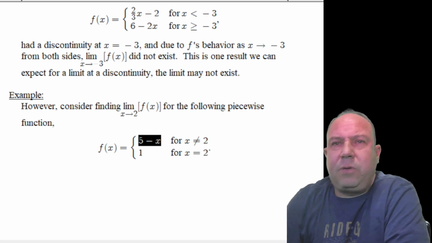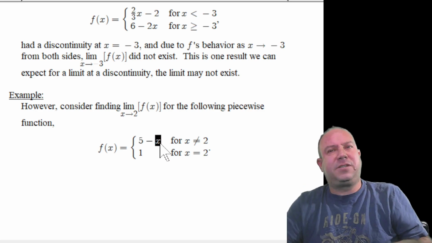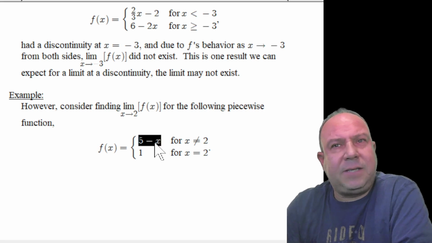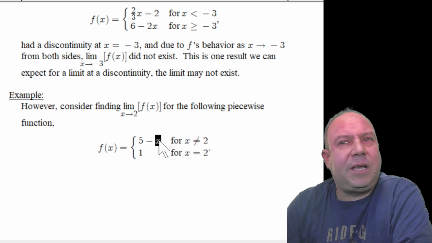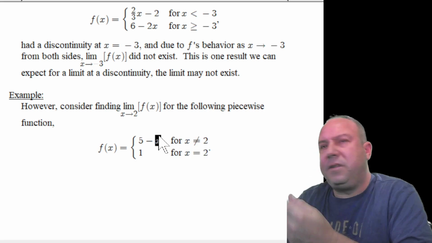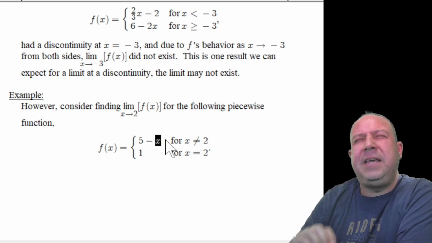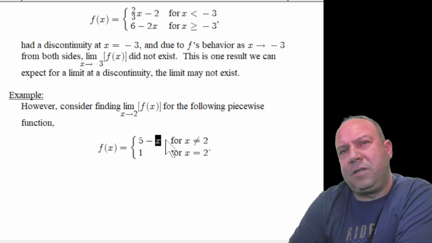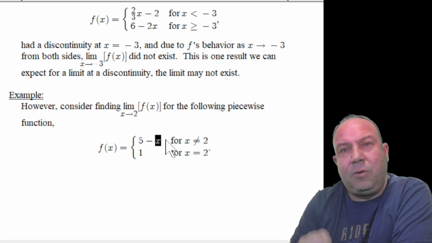We can see through substitution into this first piece, just to consider the behavior of the limit as we approach along this first piece, that the substitution method is going to produce the value of 3. And we would get 3 from both the left and the right-hand approach, because we would expect that with the continuity of the linear function 5 minus x at the value of x equal to 2.